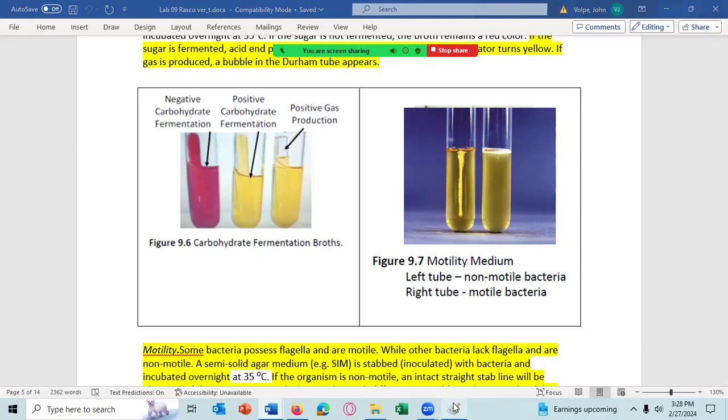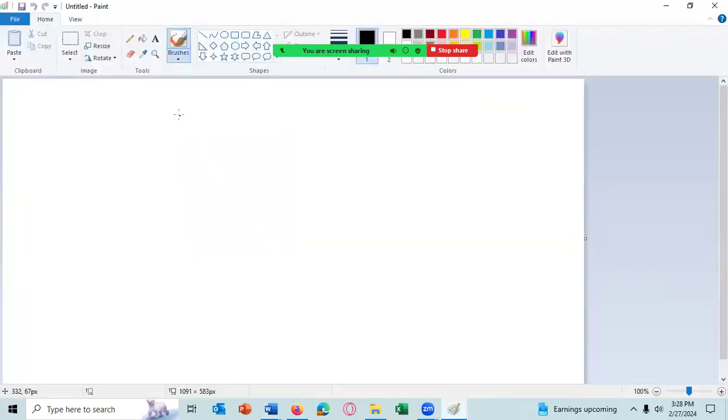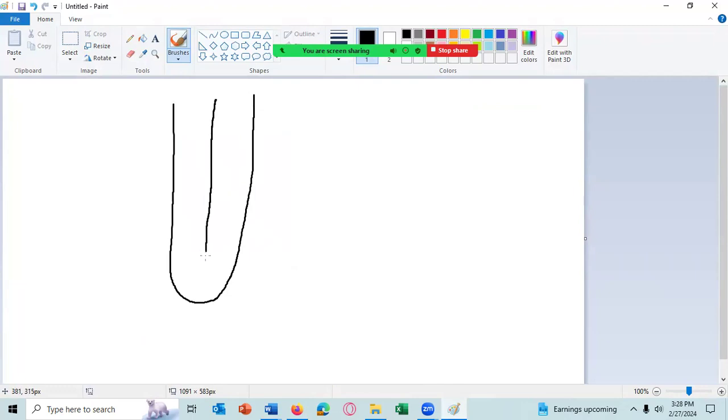If on the other hand, the bacteria flares from the stab mark, so there's the stab, and the bacteria flares out from the stab, growing something like this.